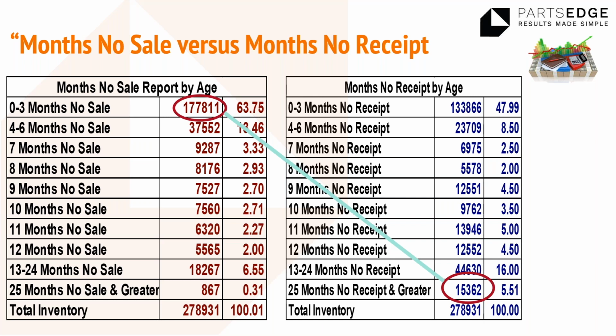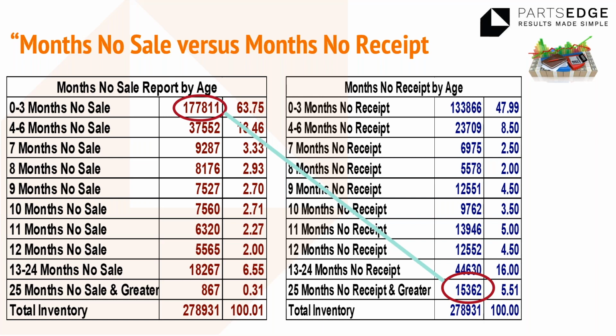So add those two percentages up, and 6.86% of the inventory looks like it's idle or obsolete. Go over to the months no receipt report on the right-hand side, and now look at the 13 to 24 and the 25 months no receipt and greater, and the 6.86% obsolescence problem based on receipts is really 21.51% between the two of them.